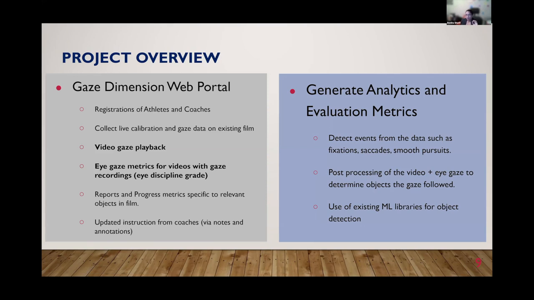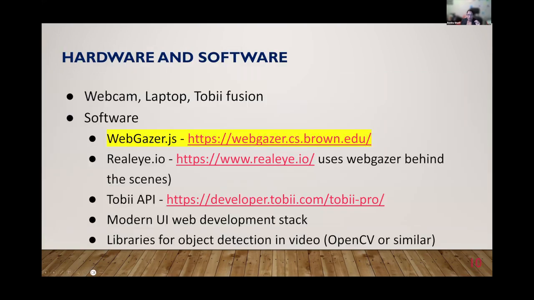That generate analytics aspect is crucial because that's where you're going to write the majority of the logic of the application, where you're going to detect the data such as the fixations, and do the post-processing, detecting the objects and so on. In terms of hardware, you have the webcam and the laptop.